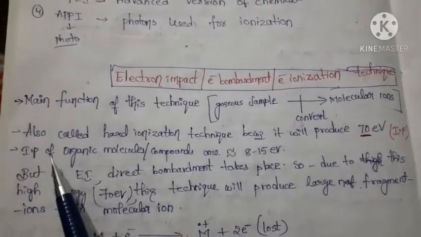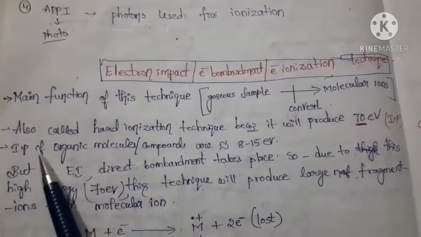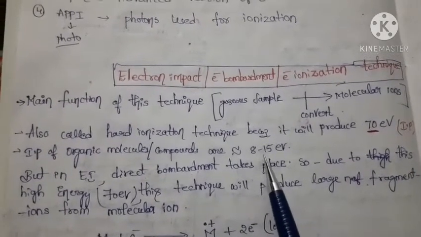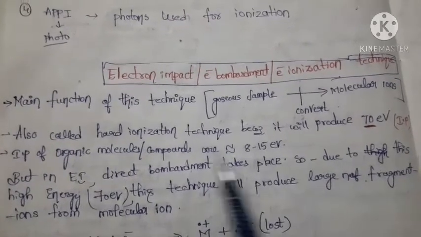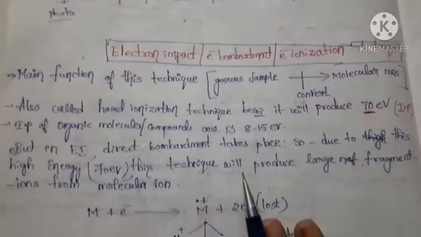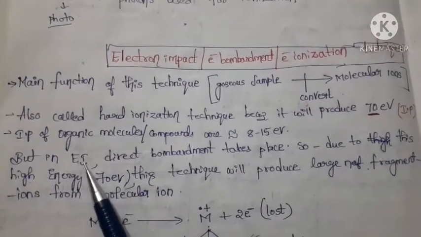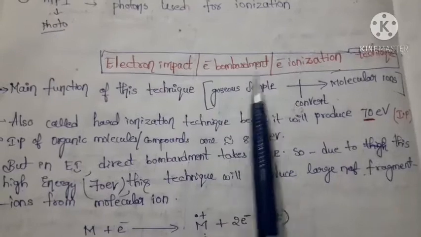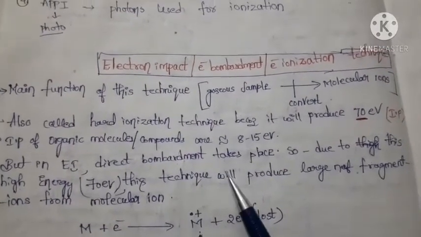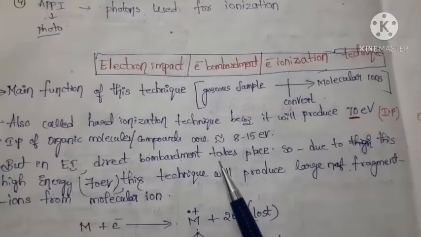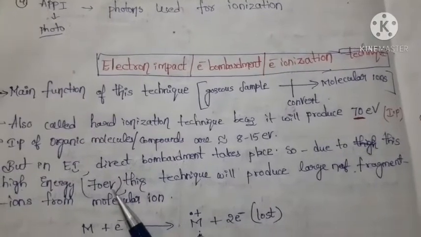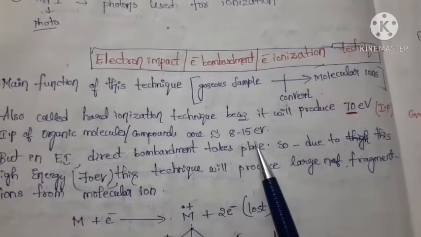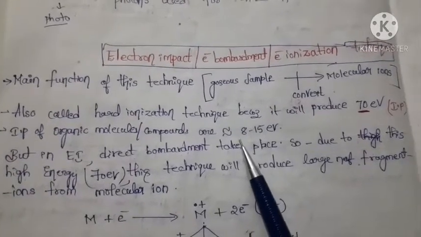This is the general point, friends: the ionization potential of organic molecules or compounds is approximately 8 to 15 electron volts.